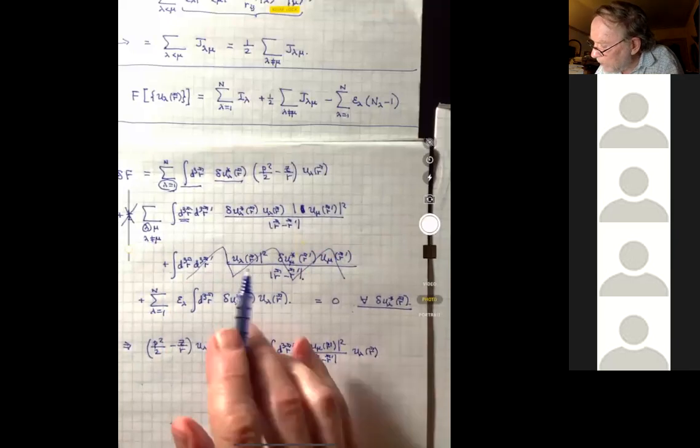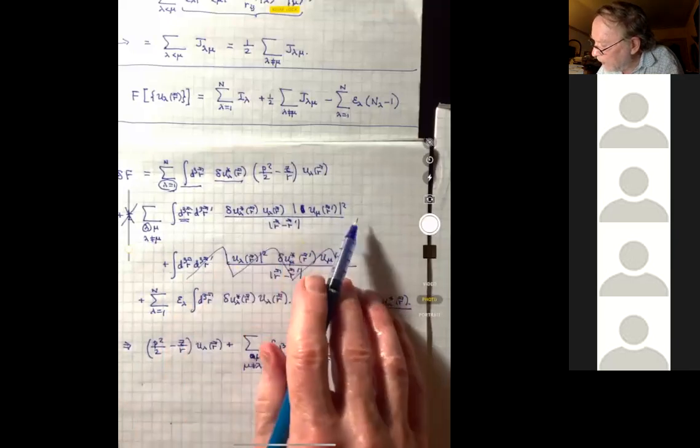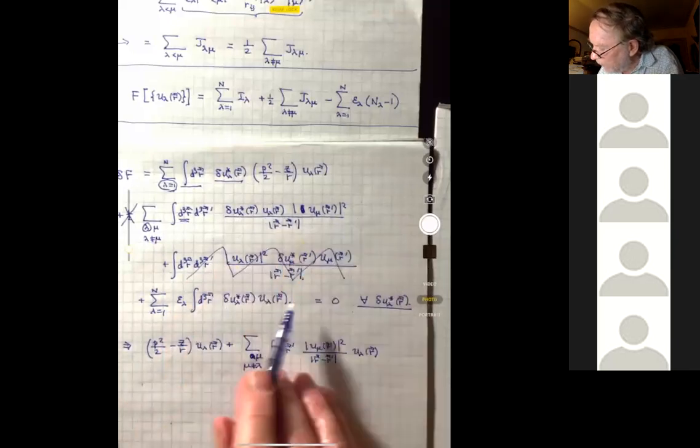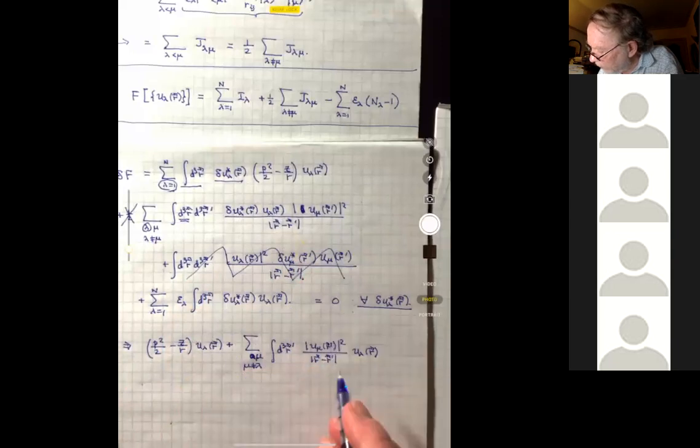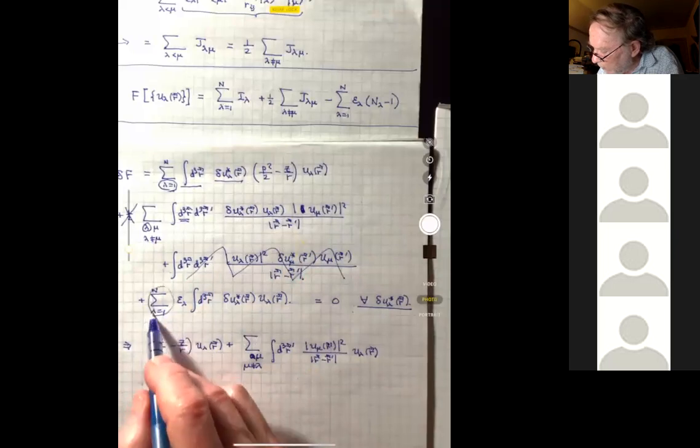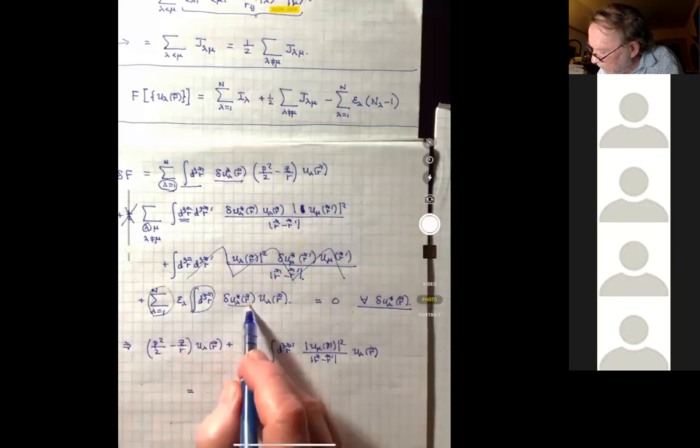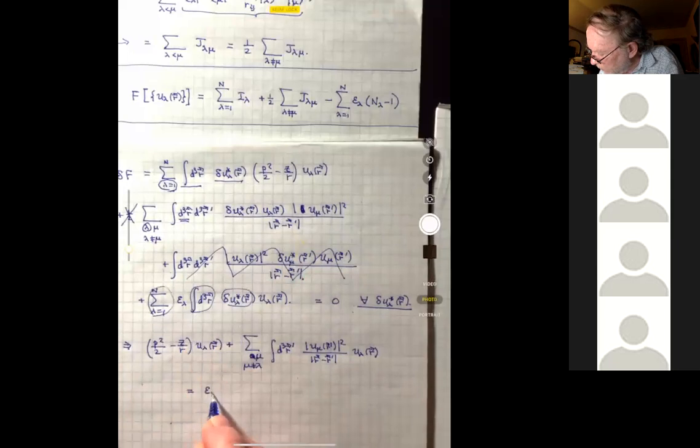The U lambda of r is the same as what I've got here, but I've just moved it over to the right-hand side. And then finally, for the Lagrange multiplier term, I'll bring this over to the other side. That becomes equal to, again, I cancel the lambda integral, I cancel the d cubed r, and I cancel this variation. It just becomes epsilon lambda times U lambda of r. Okay, so this is what we get.